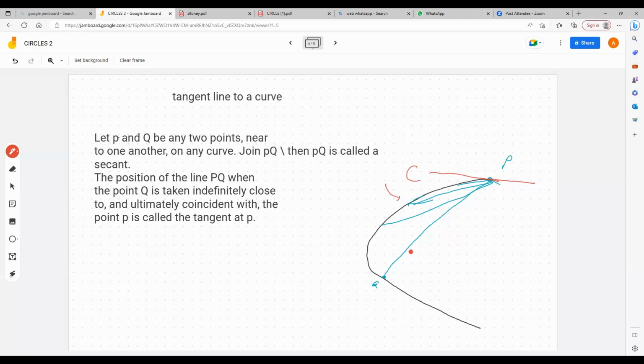Okay. Now let us say that we fix this point P. Why are we fixing it?